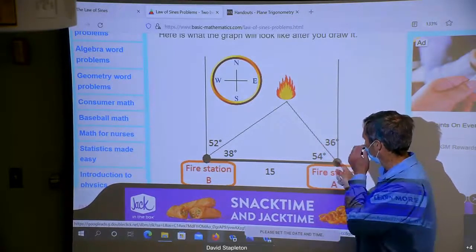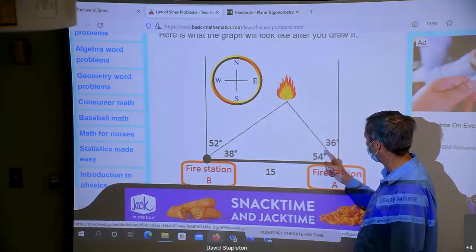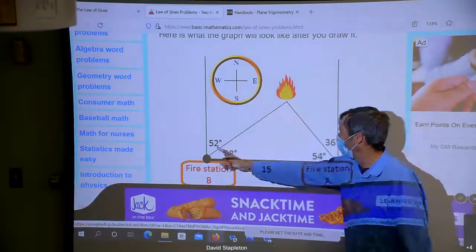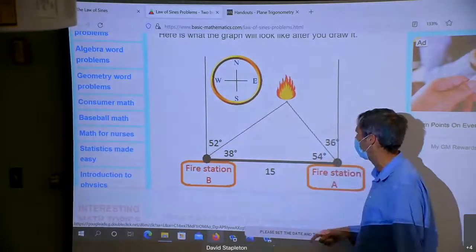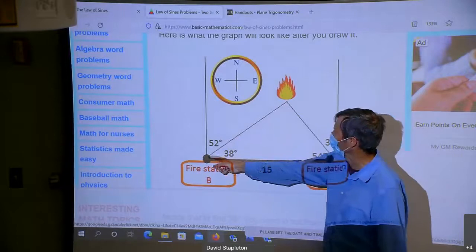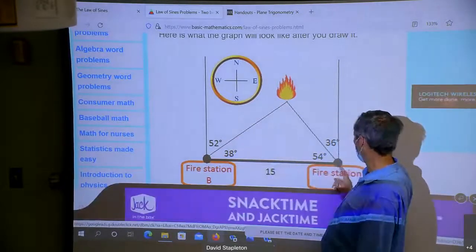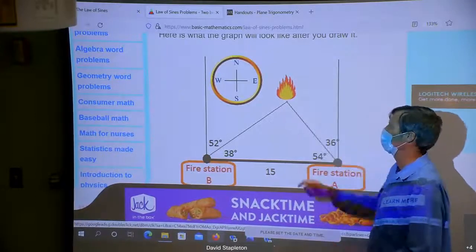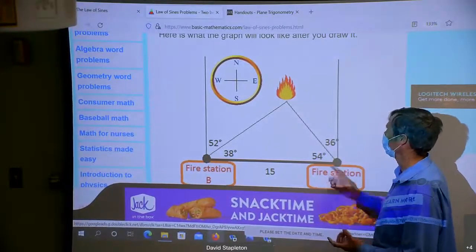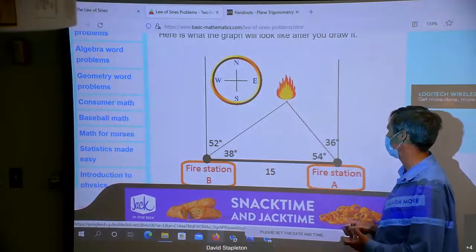But that's what it means. So the one lookout station here turns 36 degrees this way and sees the fire. The other station turns 52 degrees and sees the fire, and they know that they're 15 miles apart. How far is it from station A, this one, to the fire? Then you can send the fire department out there to take care of it, and you can figure out the latitude and longitude if you need to from that.